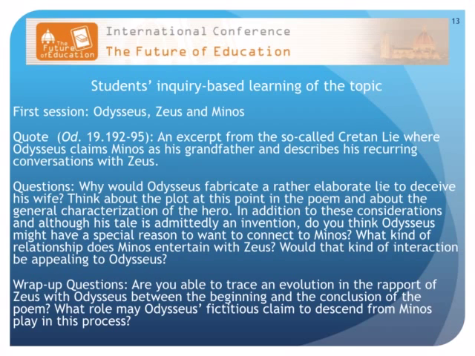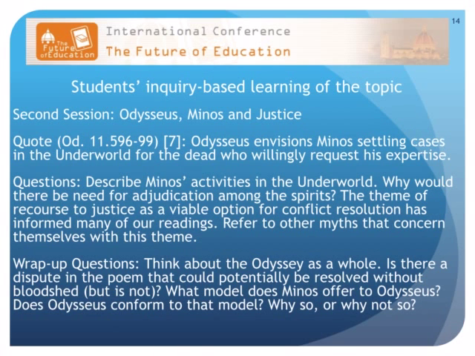We have very precise questions that I formulated in order for the students to actually think about the story in the terms that I really wanted them to, but also wrap-up questions that left the students with absolute interpretive freedom when they were called to think about the evolving relationship between Odysseus and Zeus and the role of Minos as a model. So this next slide also has the second session with the second problem, that is Odysseus, Minos, and Justice, with exactly the same structure.